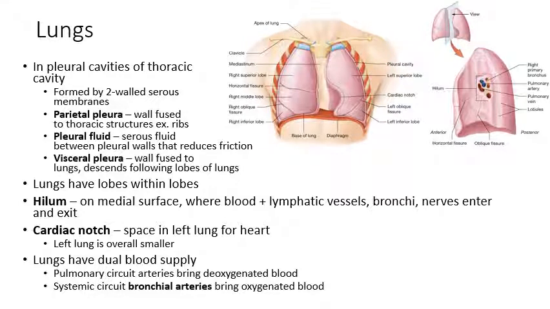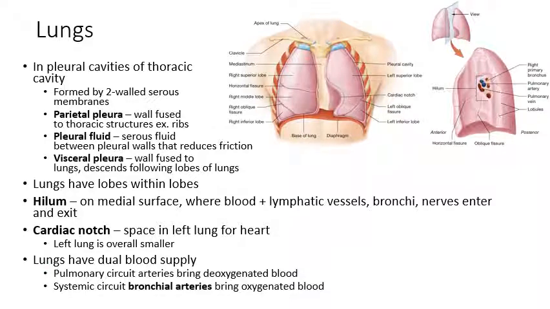Okay, finally the lungs. So now I can mention that the left lung is smaller because of the heart. The lungs are located in the pleural cavities, which are within the thoracic cavity. The pleural cavities are made by serous membranes, which, as you remember, are those beanbag-like membranes that have two walls.